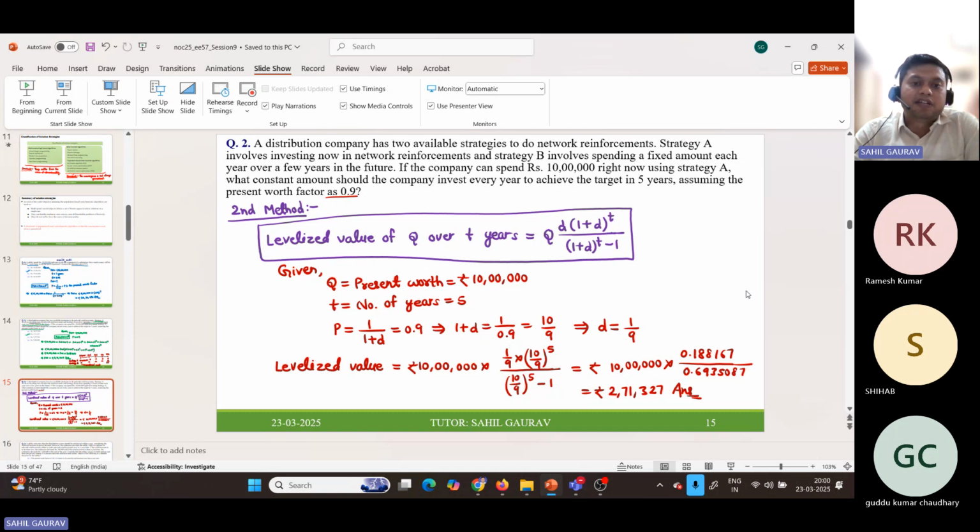Those who know about lump sum and SIP will see it is very difficult to invest 10 lakh in the first year as a lump sum, and somehow a person can manage 2,71,000 each year, and both persons will get the same amount of money at this interest rate. So this levelized value you can call SIP, or systematic investment plan, and this 10 lakh you can call the lump sum amount.